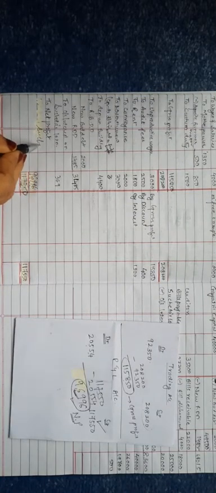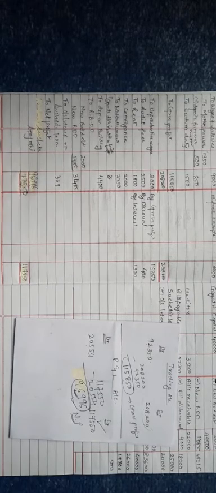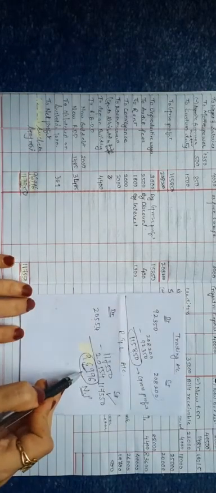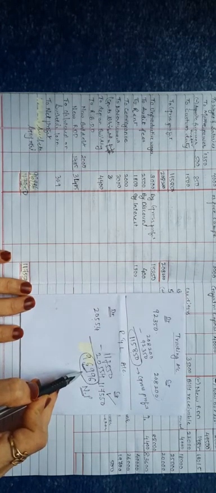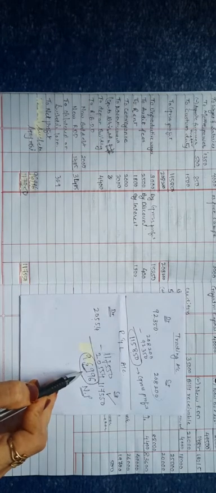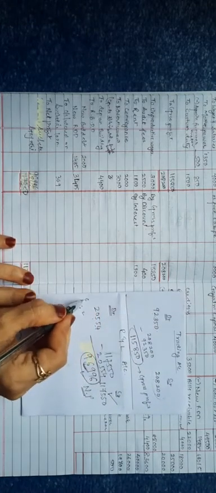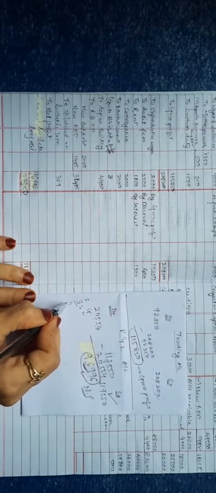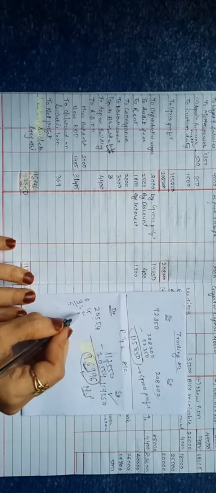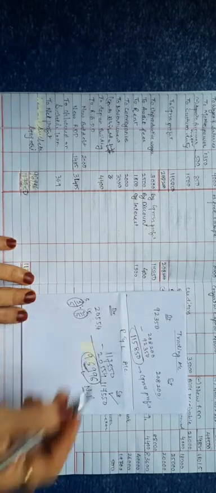For the division of this net profit, we require a ratio. You can see in the very first line of the question, the ratio is given, and that is 3:2. 3:2 means Sucheta 3 and Gayatri 2. The total is 5, so 3/5 belongs to Sucheta and 2/5 belongs to Gayatri.